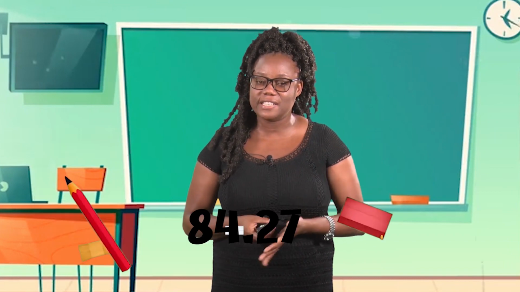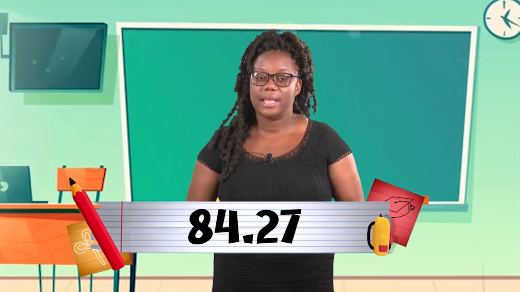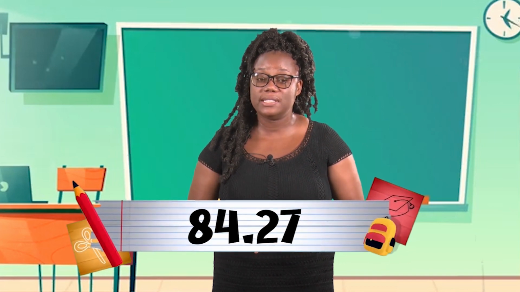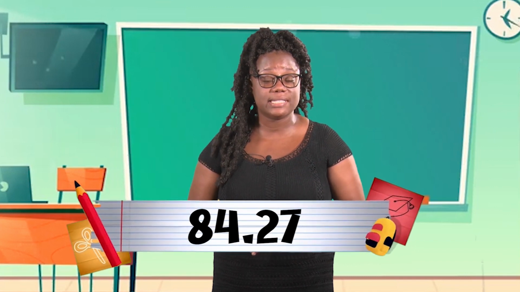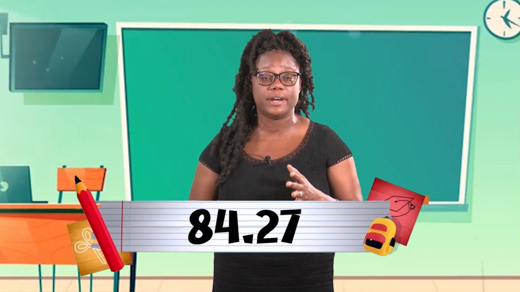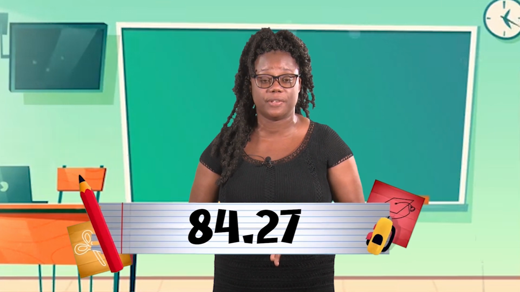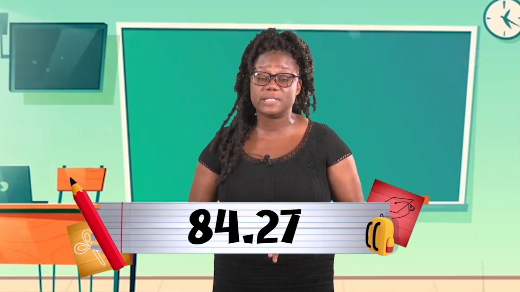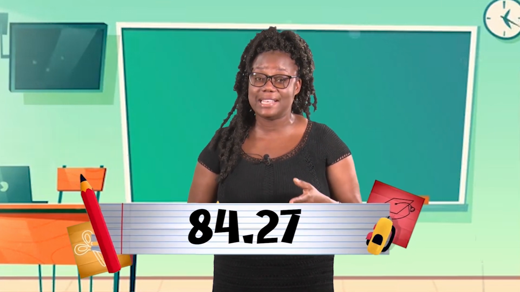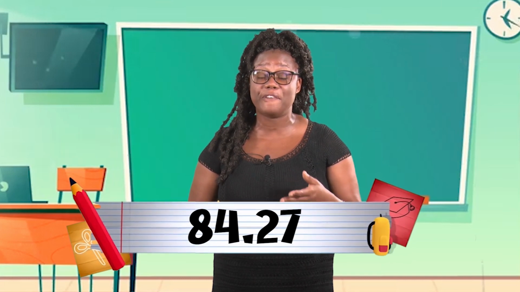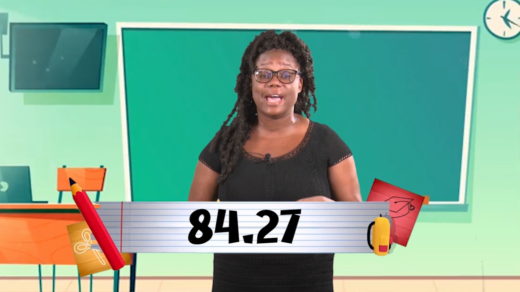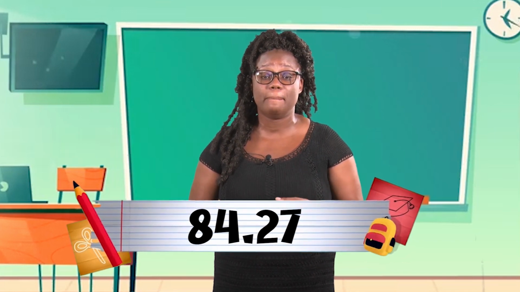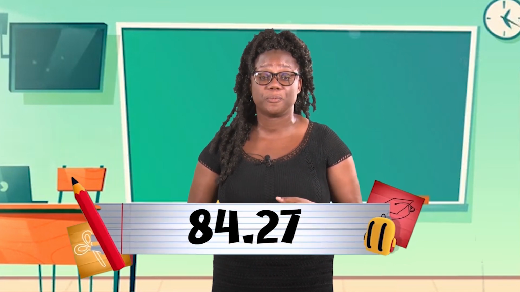Let's look at the first one. 84.27. We are rounding to the nearest tenth, so we look at the number in the hundredths position. The number in the hundredths position is 7, and 7 is more than 5. So we add 1 to the tenths place, and that 7 becomes 0.